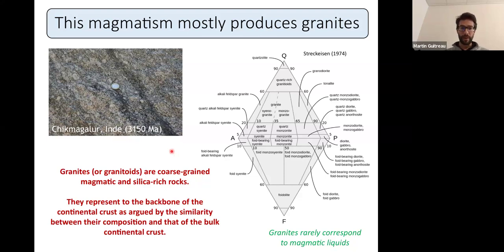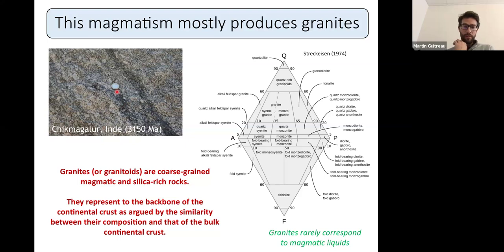So these rocks are magmatic, and they're the backbone of the continental crust, which is something you can determine because of the similarity between the composition of the bulk continental crust and the composition of granitoids. They're very similar, which means that most of the crust is made of granites. And here you have an example of a granite from India, which is an Archean granite.